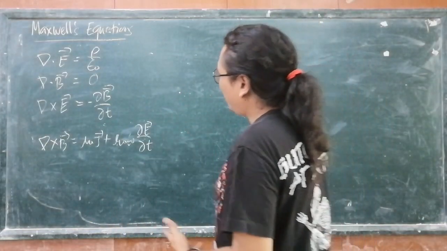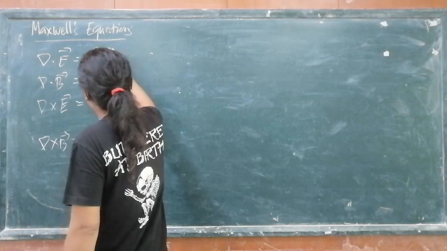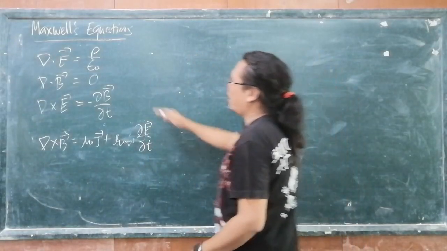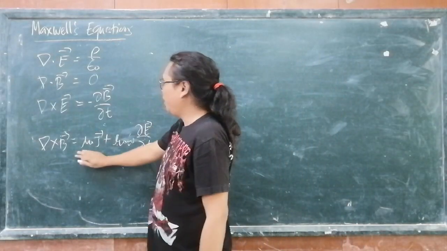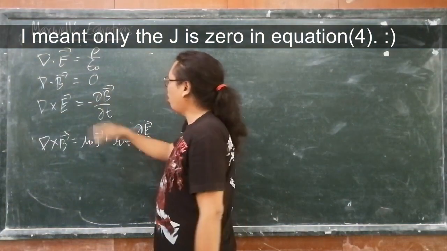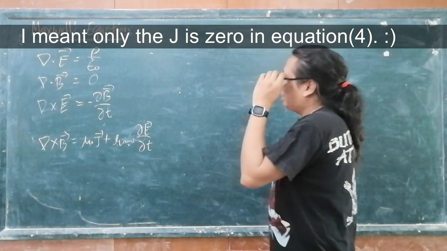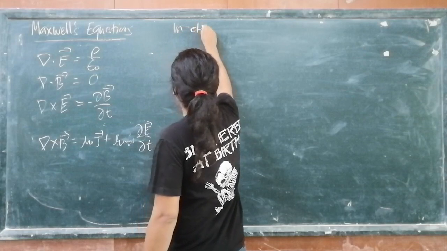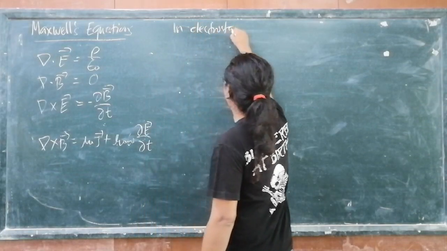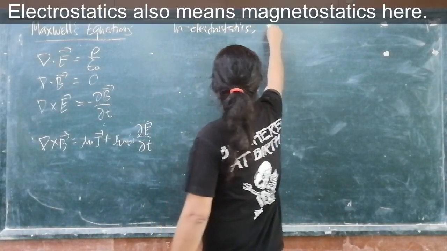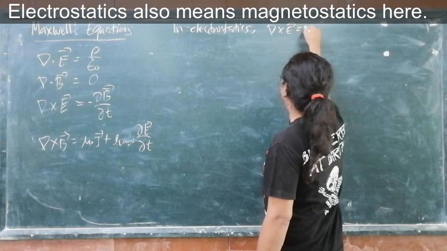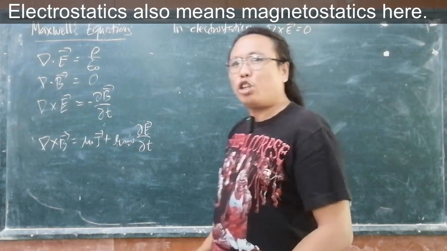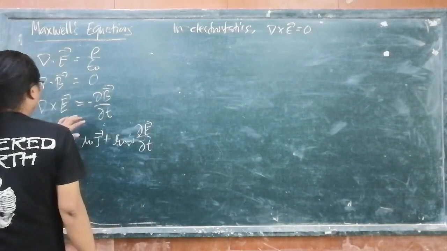Okay, first, let's deal with this one. In vacuum, these are actually 0, 0, and this is 0. But in electrostatics, what do we have? In electrostatics, we have del cross E equals 0. But in electrodynamics, no. Del cross E is no longer 0.